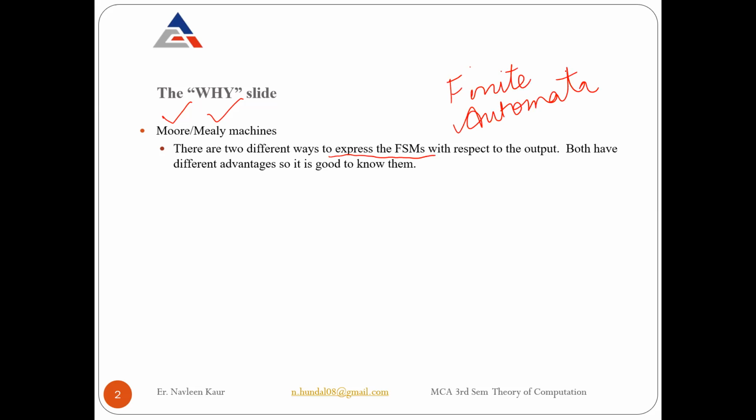You can name it finite state machine or finite automata or anything. So we are now representing our finite automata with the help of these two machines, Moore and Mealy machine. And why are we studying them? Because both of these have their own advantages and it is good to know them. This is the reason we are doing it.